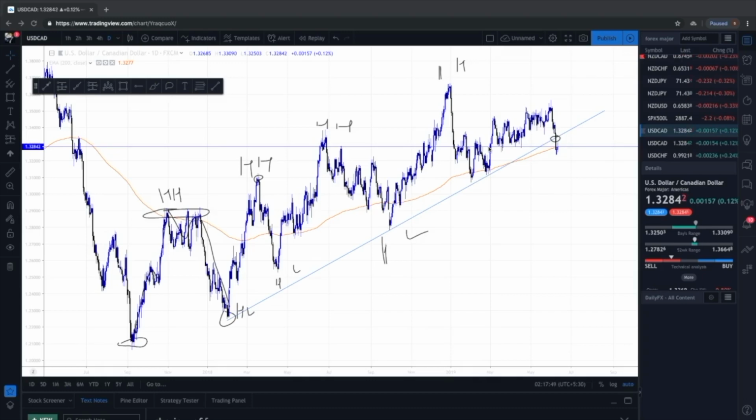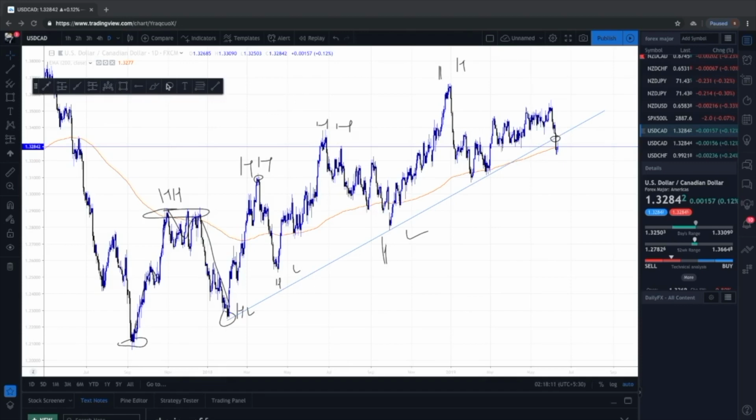For example, over here the price was moving in a similar pattern, creating continuous higher highs and higher lows. But at this point you can see that the price failed to create any new higher high.